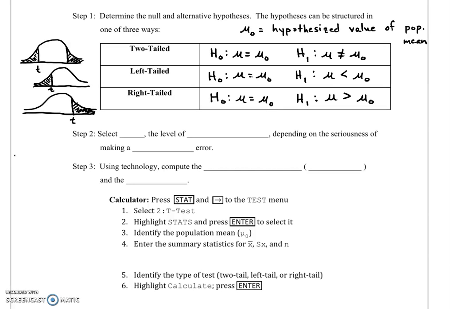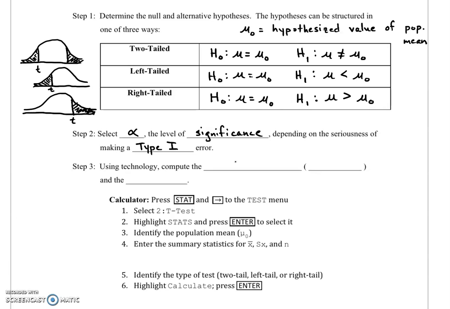So the second step is we select our level of significance, alpha. And again, how small we make it depends on the seriousness of making a type 1 error. And again, the type 1 error, you can find information about that in section 10.1.